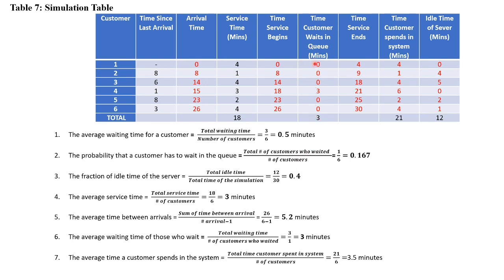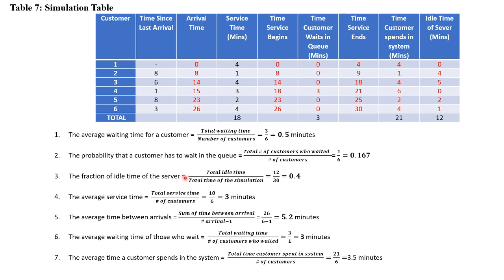When we check the time customer waits column, we see that it's only one customer that waited in the queue, which is customer 4. So when we use this formula, it's going to be 1 divided by 6. Only one customer, so 1 divided by 6. That is going to be 0.167, or we can say that is 16.7%.